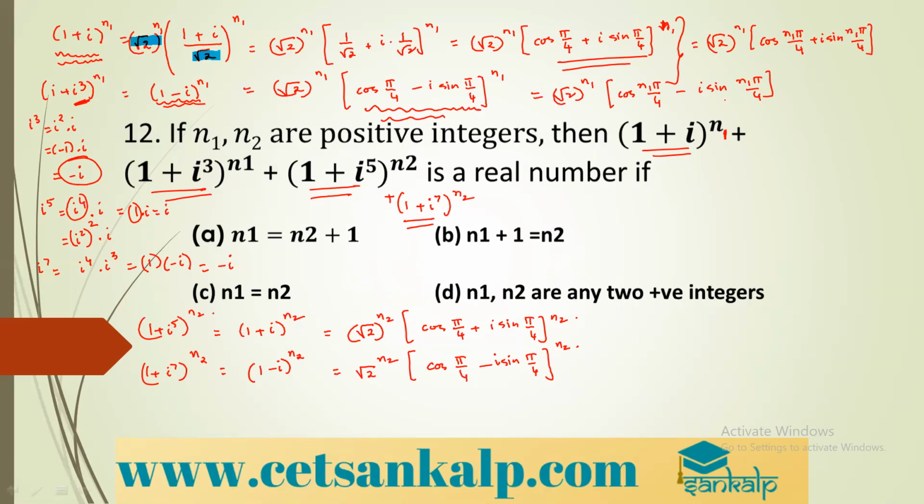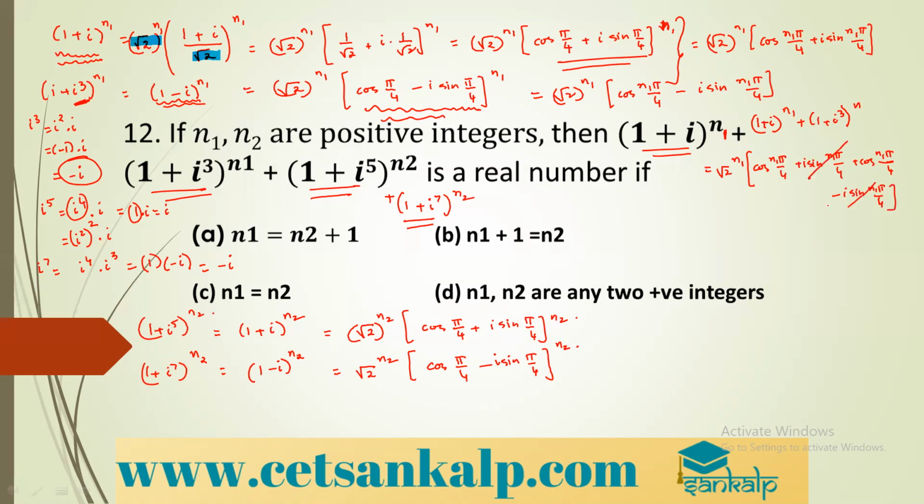So when you add these two, (1 plus i) power n1 and (1 plus i cube) power n1, I will take root 2 power n1 common, then cos n1 pi by 4 plus i sin n1 pi by 4, plus cos n1 pi by 4 minus i sin n1 pi by 4.